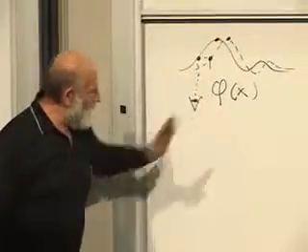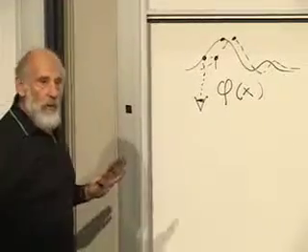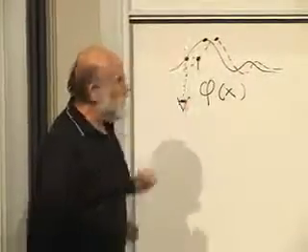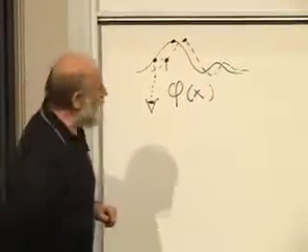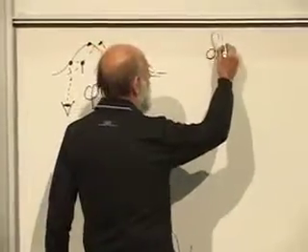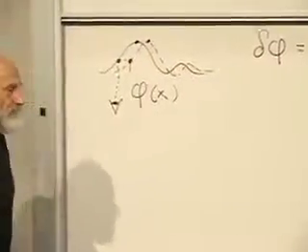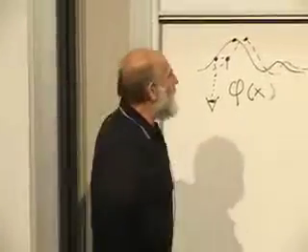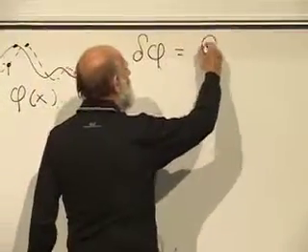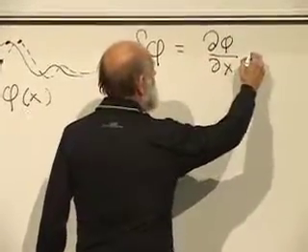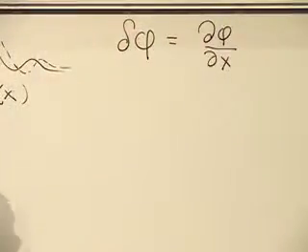So this shift of the field is associated with a small change in phi. How much does phi change if I shift the field to the right a little bit? What's the change in phi? Let's write the change in phi if I shift the field to the right a little bit. Derivative of phi with respect to x times delta x.